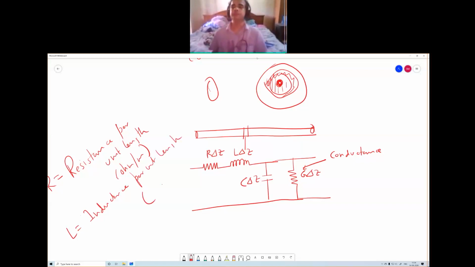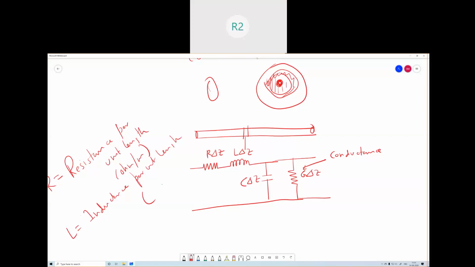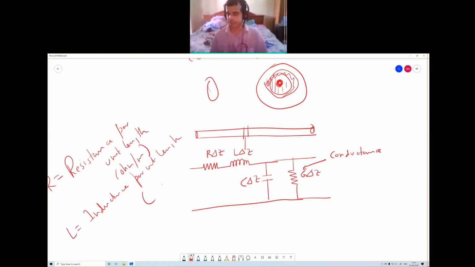Units? Very good, but per meter. Henry per centimeter isn't wrong, but since we are using SI, we should keep to henry per meter. Okay.